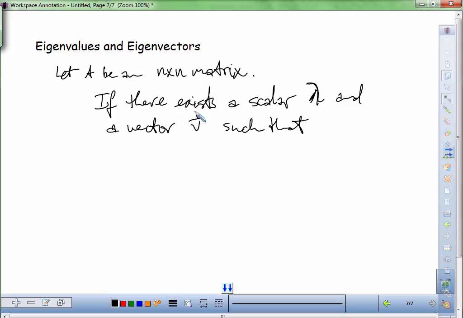Such that A applied to x, the vector x, is equal to lambda applied to the vector x. Then that number lambda, the scalar, is called an eigenvalue.